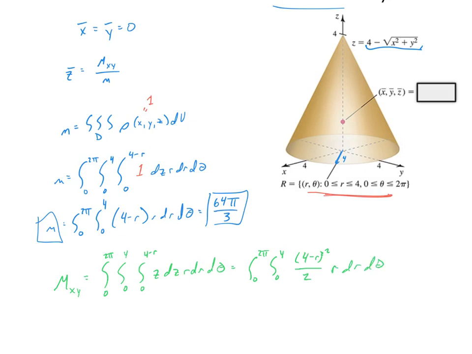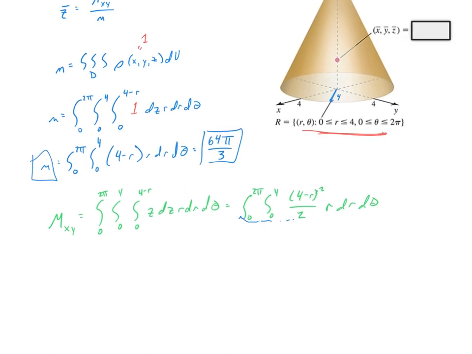This one gets a little bit messier. We can factor the 1/2 all the way out in front of the integral, and I'm just going to do one more step here and then write down the answer. So this equals 1/2 the integral from 0 to 2 pi, 0 to 4.